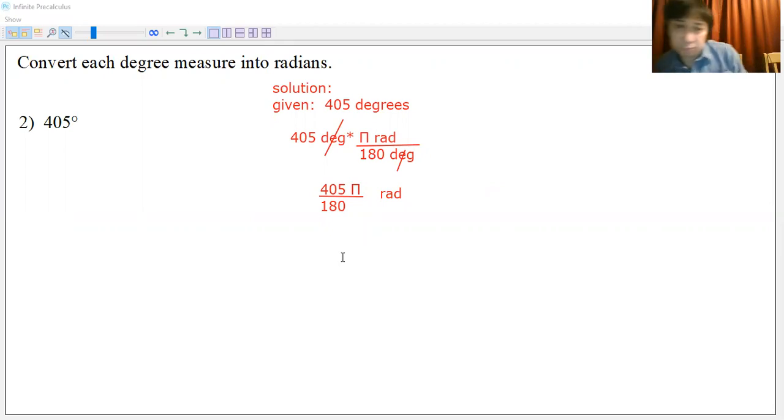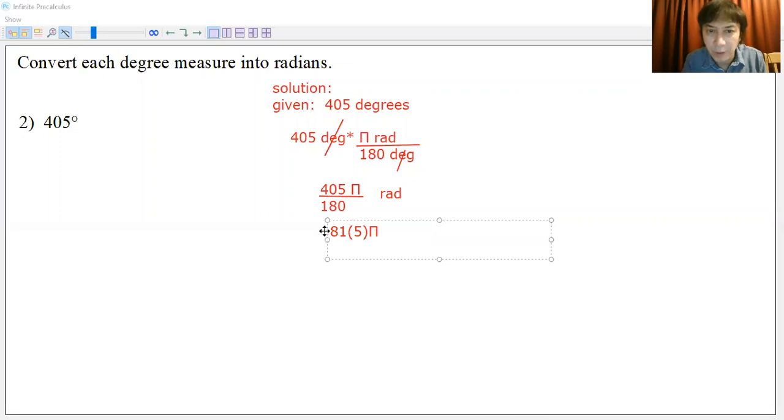Now, we can do some factoring here. This is divisible by 5, yes. So 405 is 81 times 5, and then we have the pi.